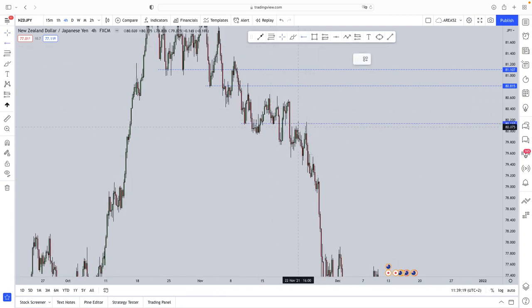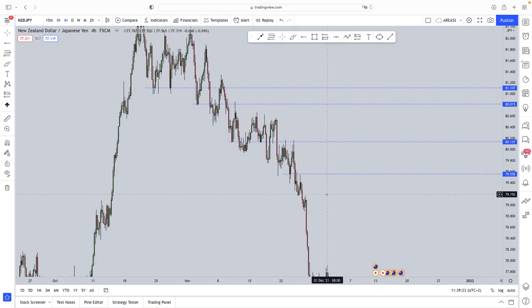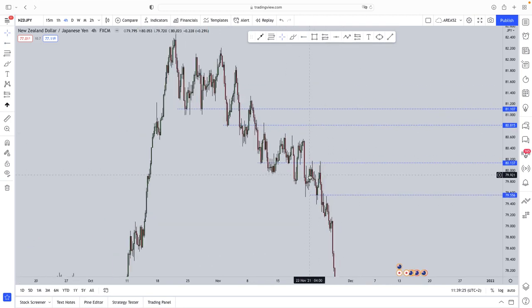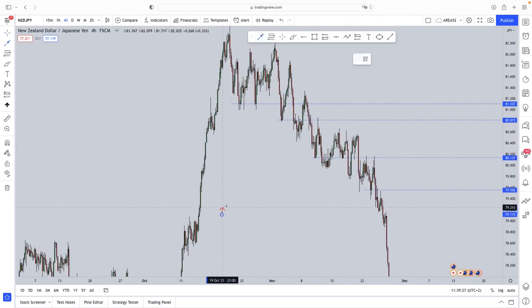First thing that we had there was a floor level. That floor level then got broken. The market then came back and tested that floor level, then went down. We had a low floor level there as well, which the market then tested, but we obviously waited for the pullback on the daily time frame.